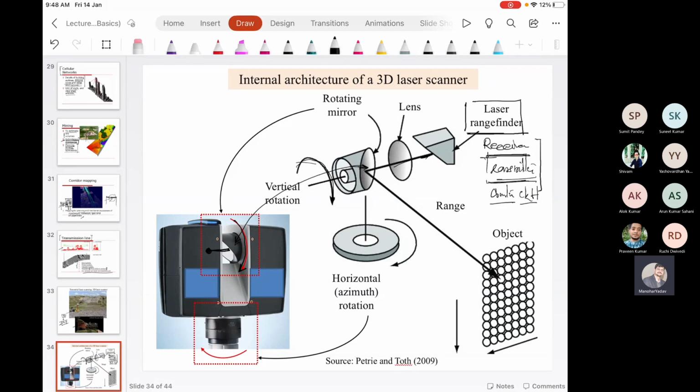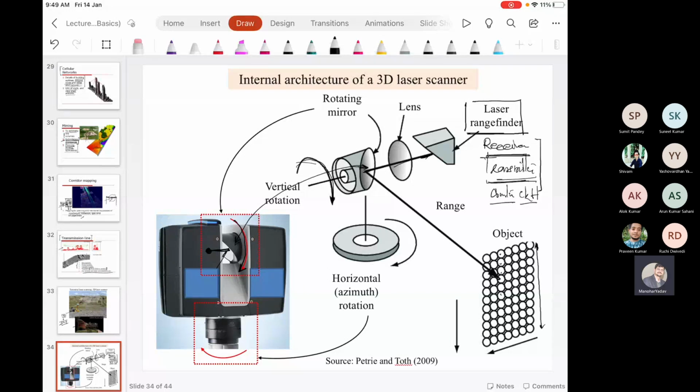And what happens once it rotates? While rotating, the normal from this surface changes. Due to the change in normal, it provides a different direction to the laser beam, and the direction will be along a vertical line. So in the vertical plane, along a particular line, as it rotates 360 degrees, the laser beams are hitting.